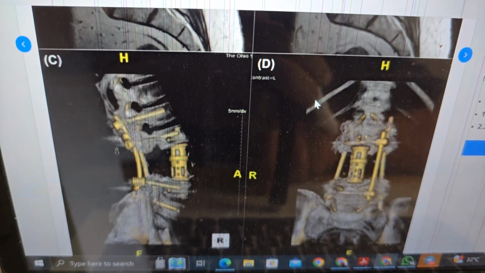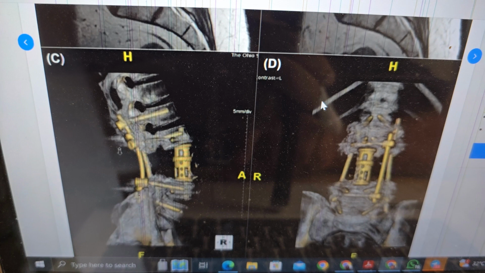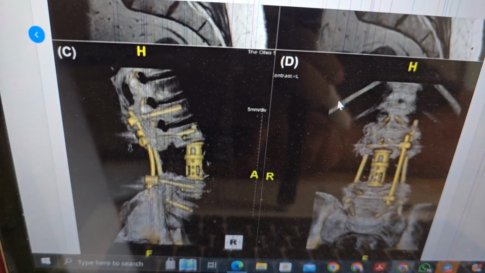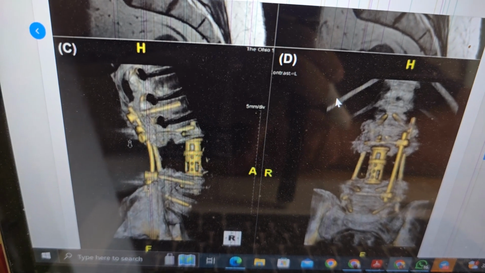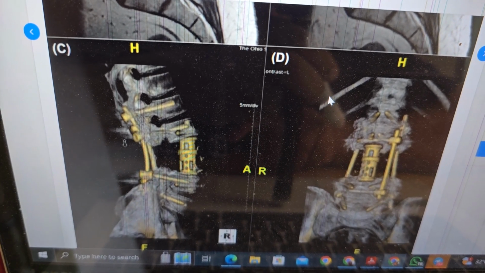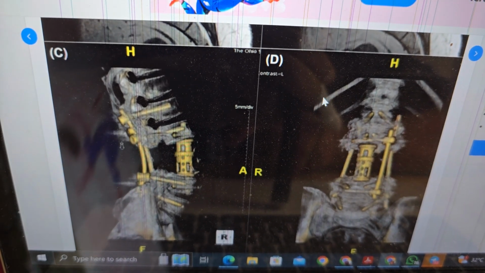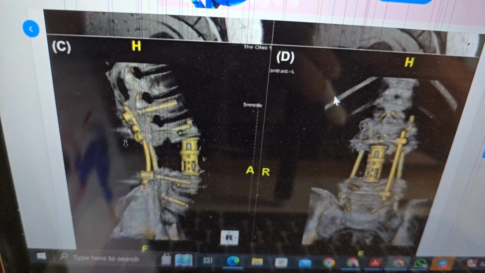And here the total corpectomy has been done, and then you can see a cage has been placed, with four screws up and four screws down, to stabilize the lumbar spine for the treatment, and as I mentioned, en bloc resection is the treatment of choice for the chordoma.